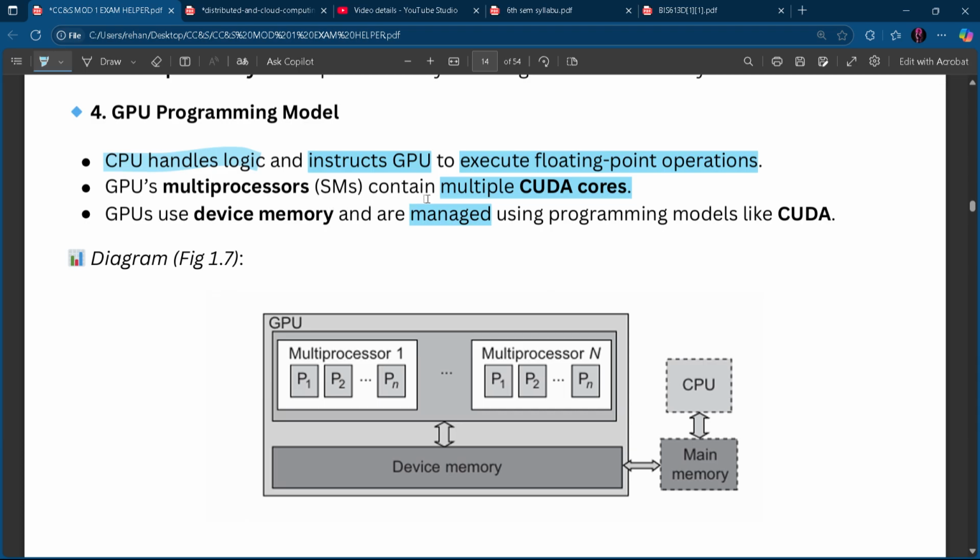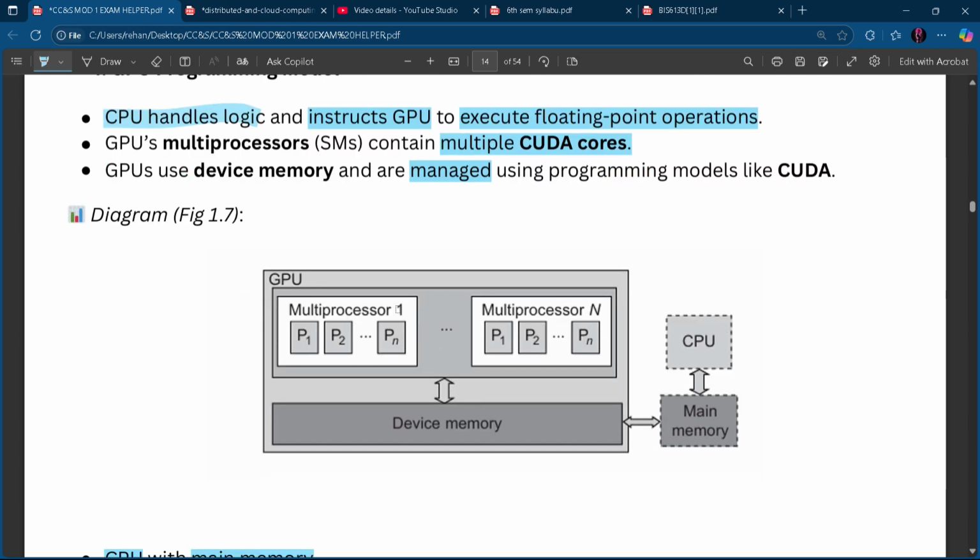The GPU's multiprocessor contains multiple CUDA cores. We studied that CUDA is a type of core released by Nvidia. The GPU uses device memory, managed using programming models like CUDA. You have to remember this diagram. P1 to Pn is one multiprocessor, and again P1 to Pn is another multiprocessor.